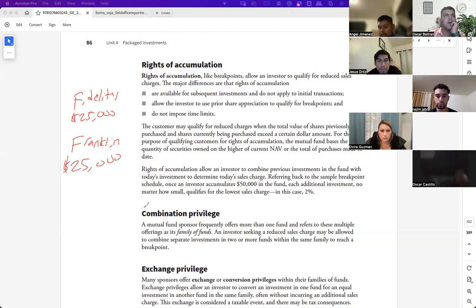And then here it says combination privilege. There it is. Investors seeking a reduced sales charge may be allowed to combine separate investments in two or more funds within the same fund family to reach a breakpoint. Simple.